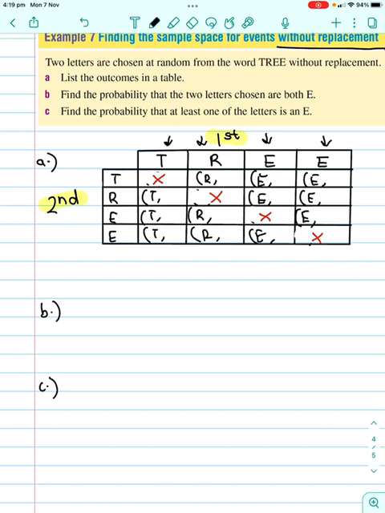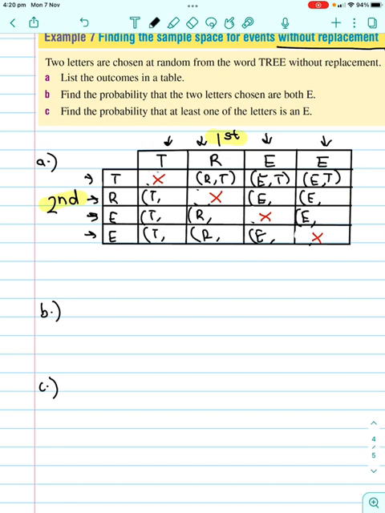So now that I've put in my first letter drawn and I've also cancelled out any repeats that aren't possible, I'm then going to go along my rows, so my horizontal, and add in that letter as the second. So it's going to be RT, ET, ET.